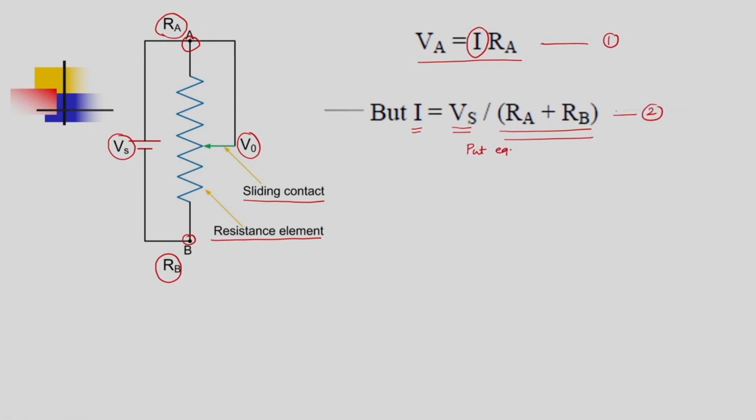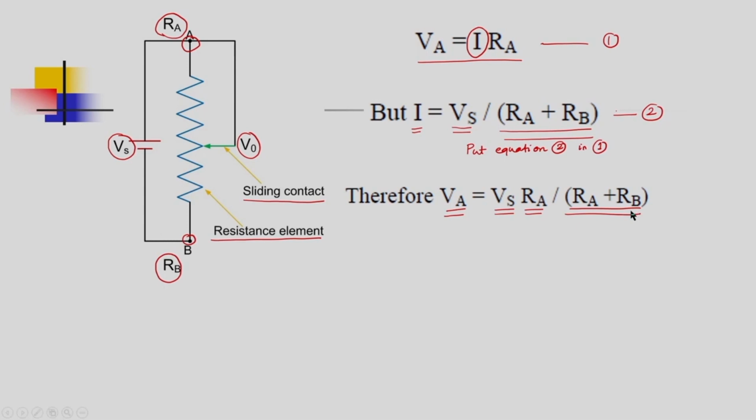So, put equation 2 in 1, then we get VA is equal to Vs into RA divided by RA plus RB. So, the voltage at point A is a function of the supply voltage, which is the constant supply voltage that we are applying, the resistance at node A and the resistance at node B.